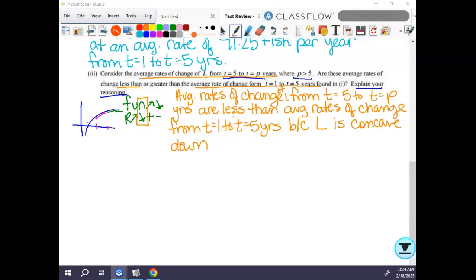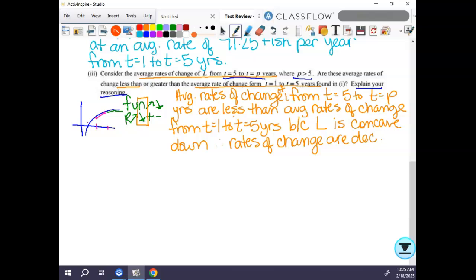The answer is yes. So I don't have to say from t equals 1 to t equals 5. It's always concave down, so that's fine to say that. L is concave down, therefore, rates of change are decreasing. And are the rates of change always decreasing? Yes, because it's always concave down.